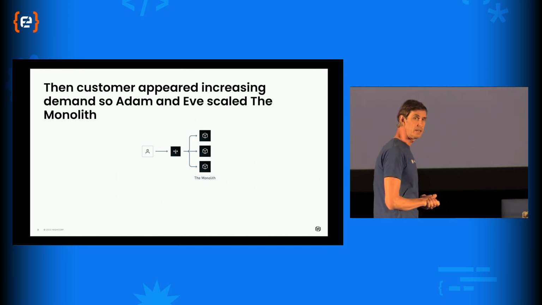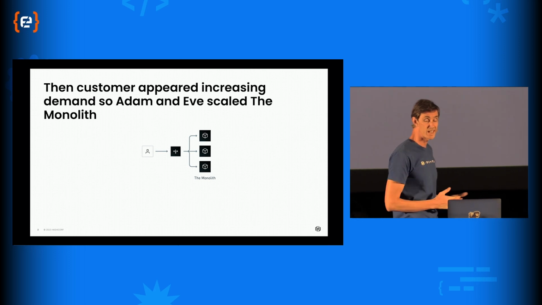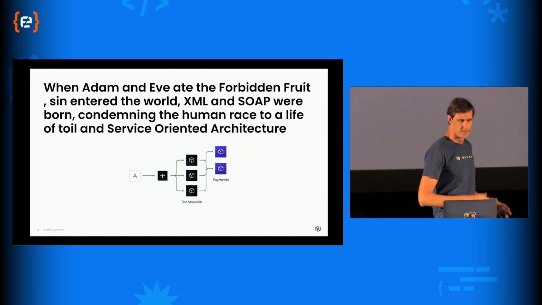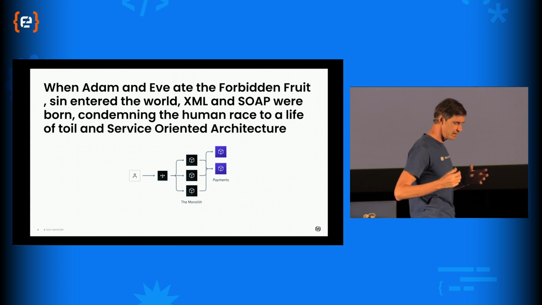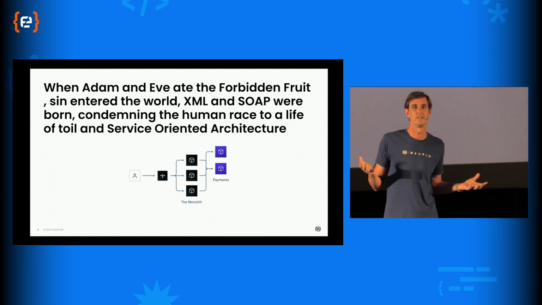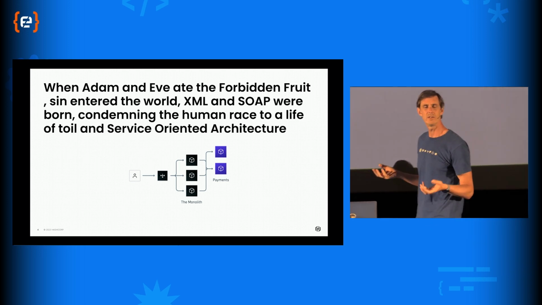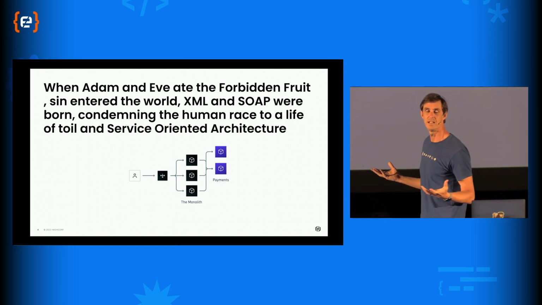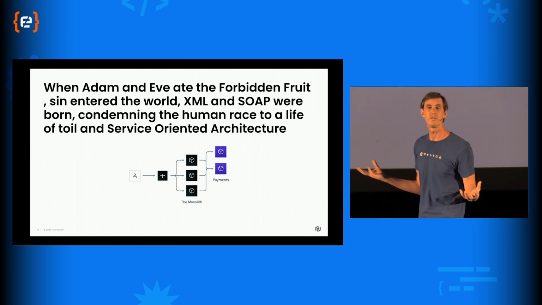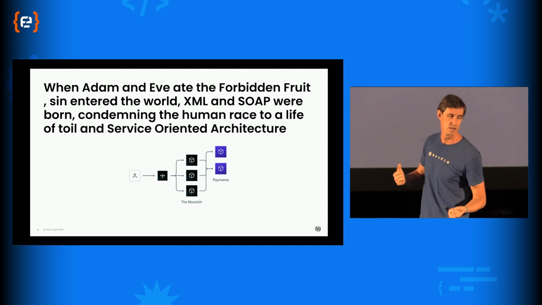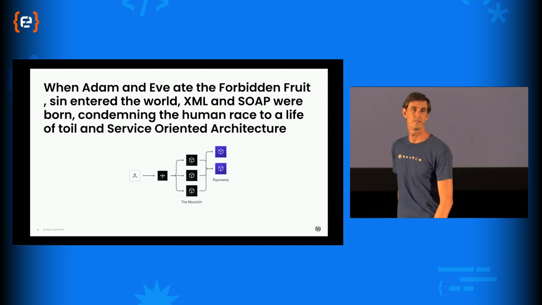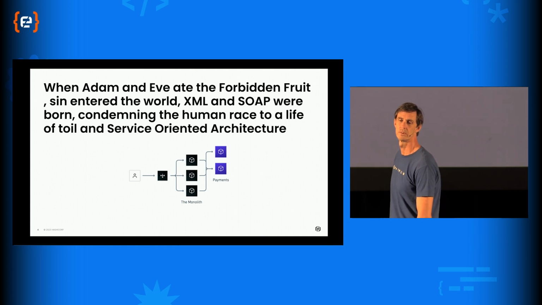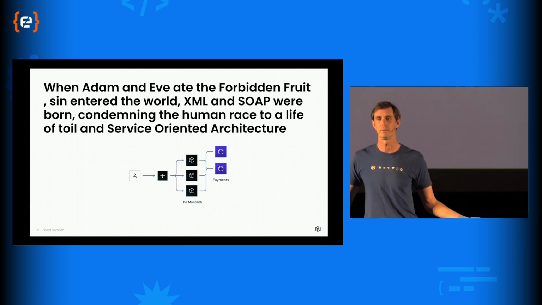So Adam and Eve decided that they needed to scale that monolith. But unfortunately, they were looking for some solutions, and Eve was just like, hey, look at those apples, they look really delicious. So Adam and Eve decided that they would scale the monolith, and they were looking for these alternate techniques. They ate the apple, the forbidden fruit, and what happened?